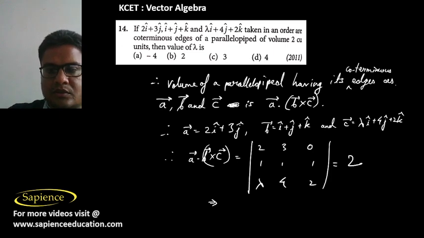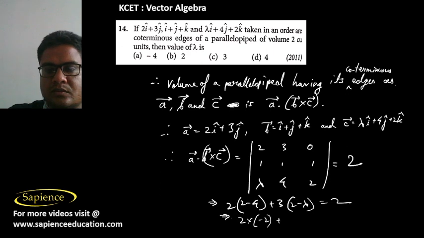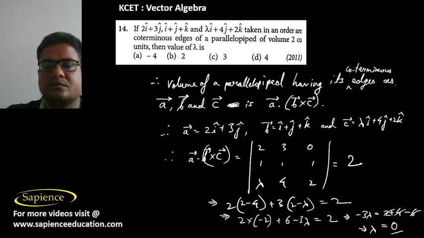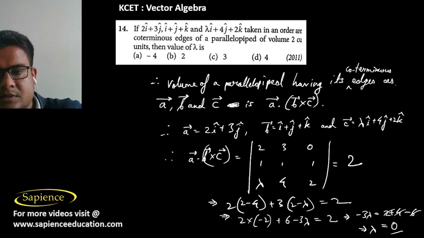If you expand this determinant along the first row, you get 2 into 2 minus 4 plus 3 into 2 minus lambda, that is equal to 2. Sorry, there's something wrong here.